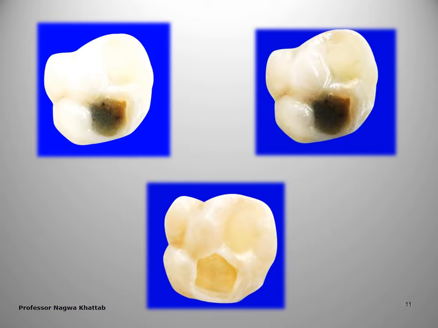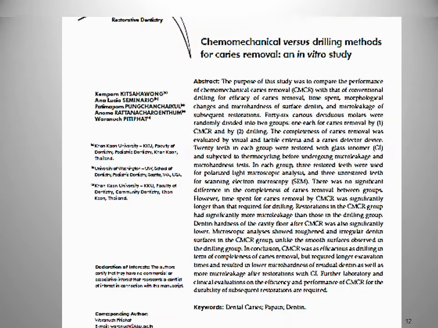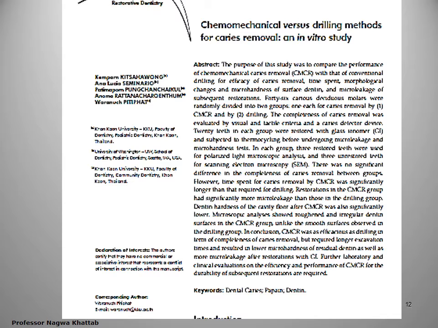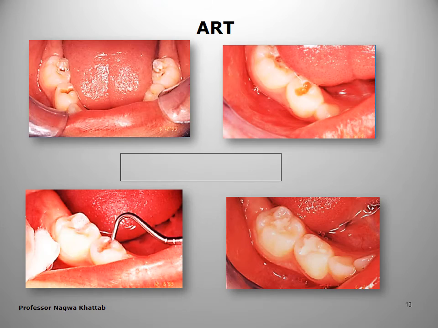Papacarie: apply the solution, it gets turbid, remove with a special instrument, and reapply till the cavity is clear. Papers said that it is an efficient method for caries removal but takes a longer time.